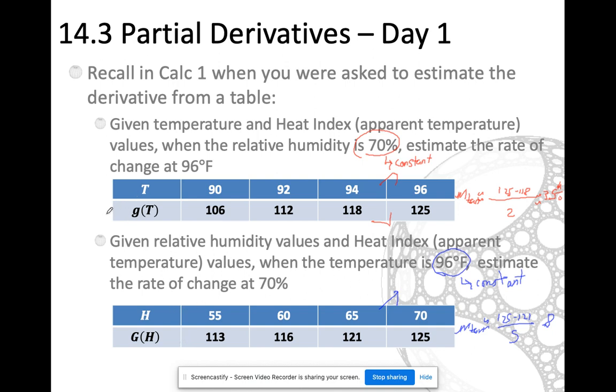So think about what you just found. You just talked about finding the derivative. The derivative here, you found G prime, but you found G prime when the humidity was constant. You also found a derivative here, G prime, when the temperature was constant.